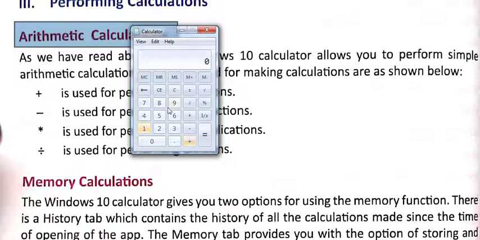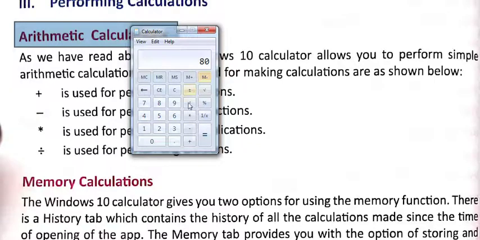I will show you some examples. 100, then I will use this slash symbol for division, 2. 100 by 2 is equal to 50. Then I will use this asterisk button for multiplication. 40 multiplied by 2 is equal to 80.